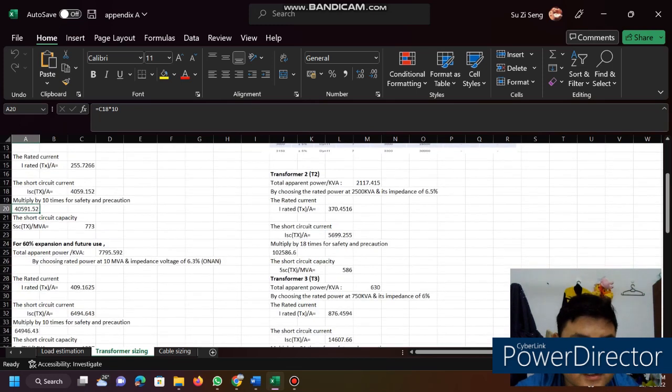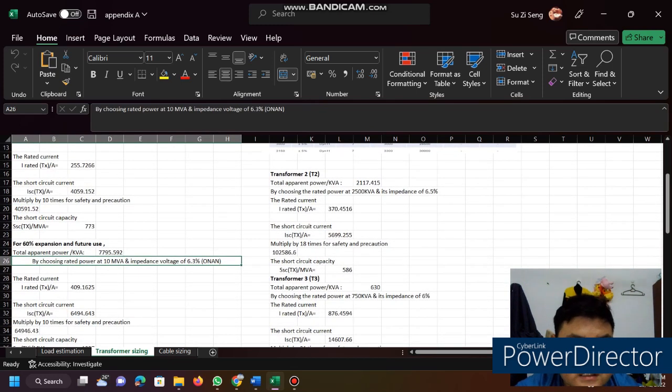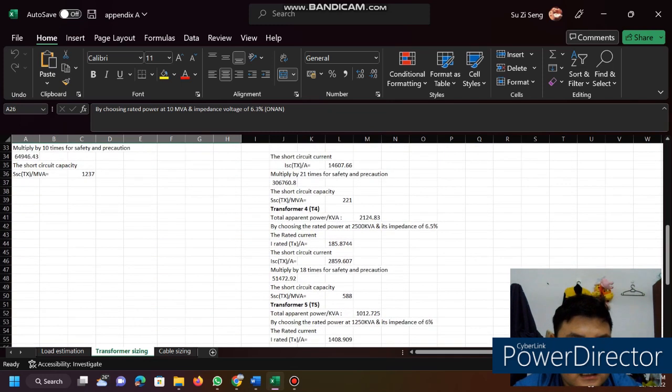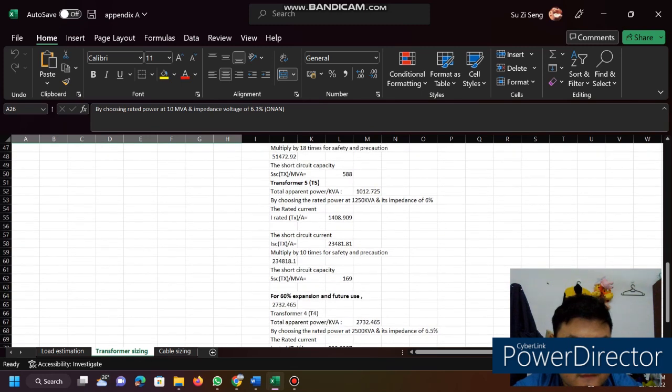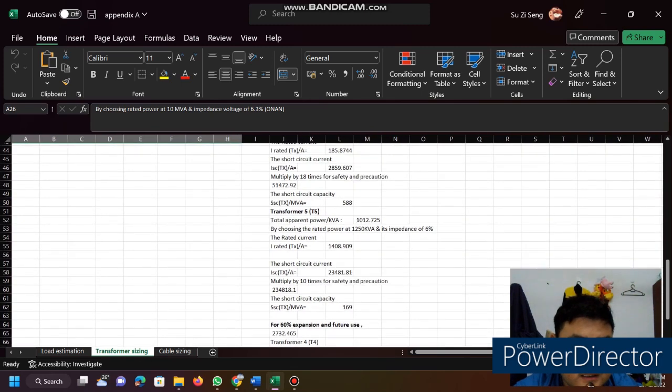We also apply 60% expansion at T1 and T4.